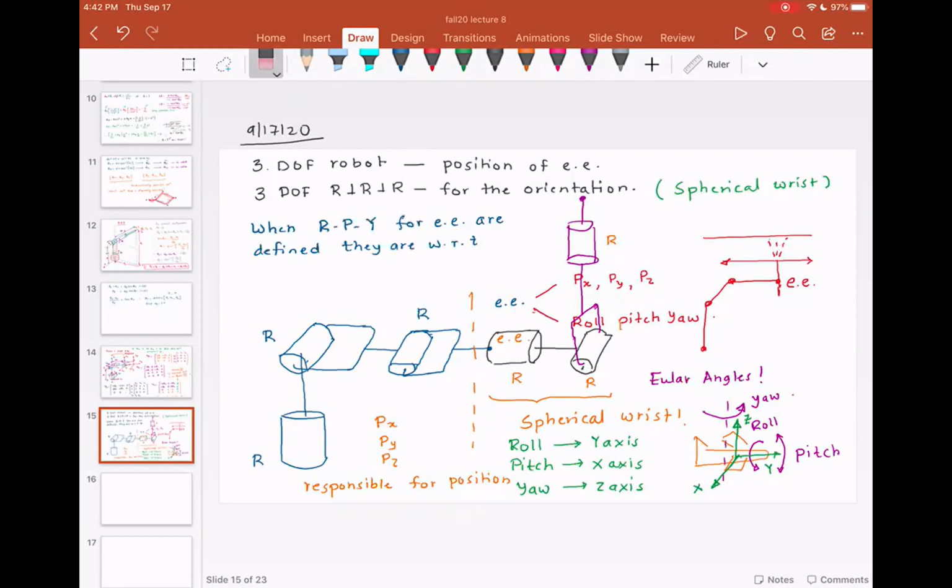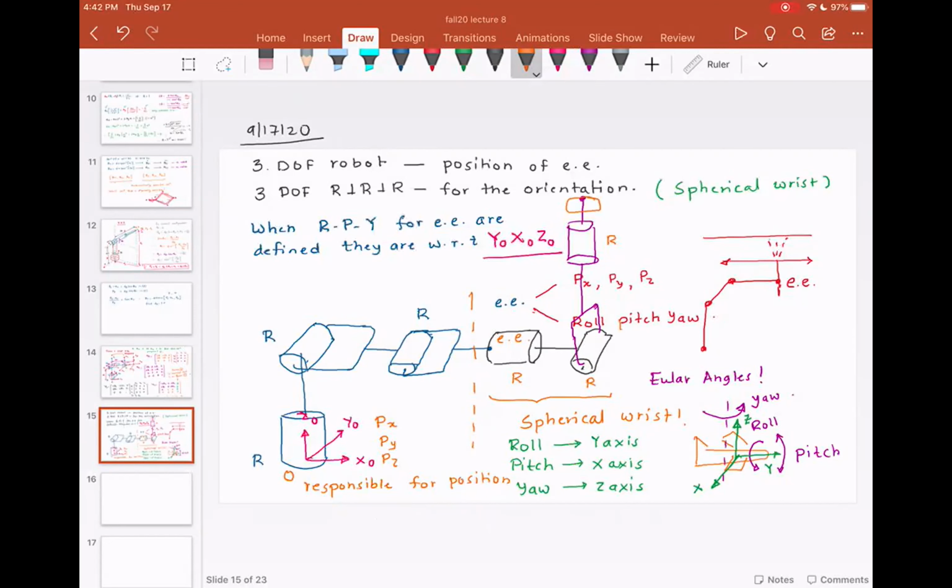Roll is about Y0, pitch is about X0, and yaw is about Z0. So if this is X0, if this is Z0, then clearly you have Y0 going like this. The orientation of the end effector is defined in terms of the axes that are fixed to the first joint, or the zeroth frame.